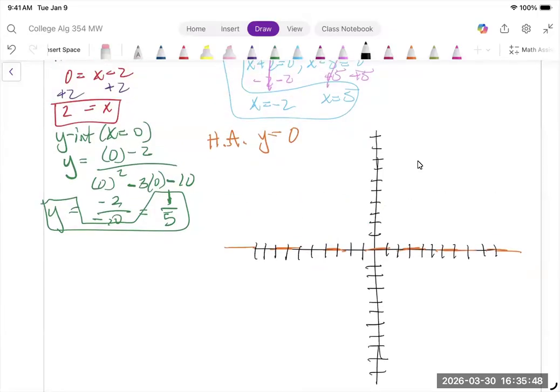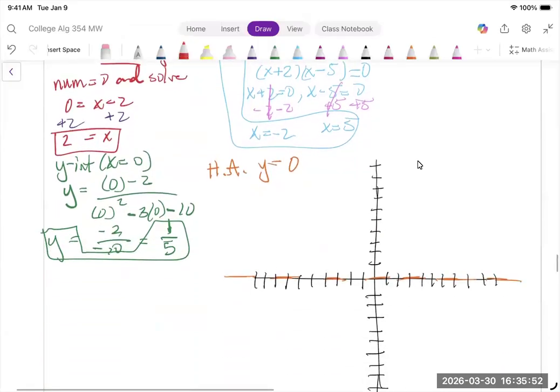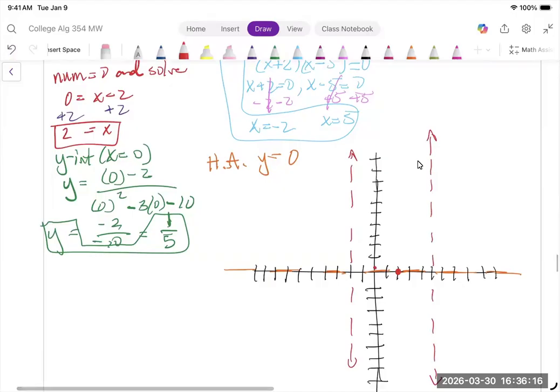All right, so vertical asymptotes at -2 and 5. An x-intercept at x equaling 2. Y-intercept of 1/5, so that's 0.2. It's right there.